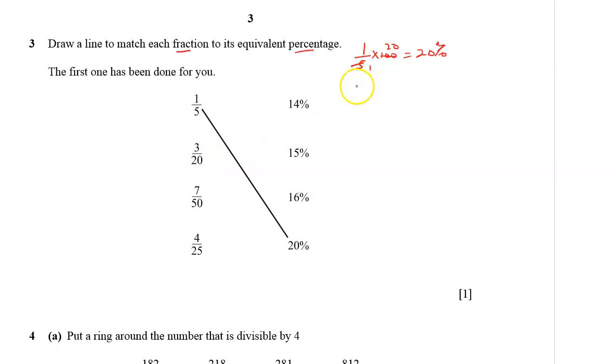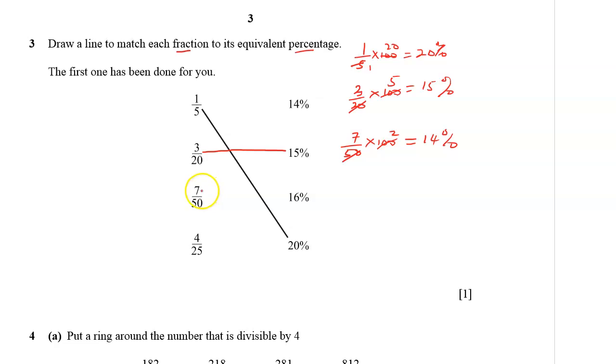What about 3 over 20? 3 over 20 times 100. 20 goes 5 times here, so this will be 15%. So we draw a line from there to there. 7 over 50 times 100. 50 goes twice there, so this will give us 14%.